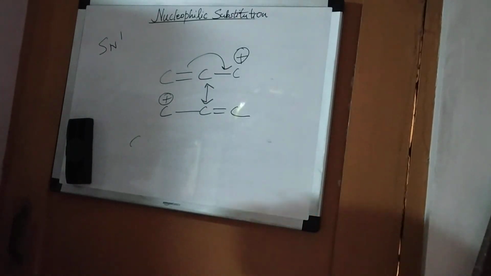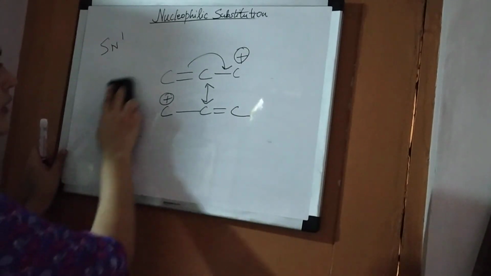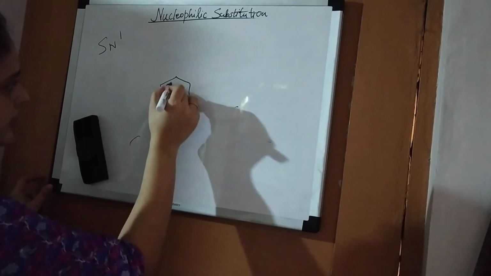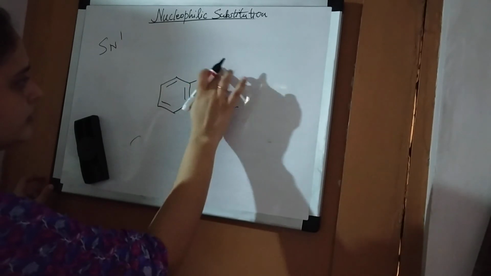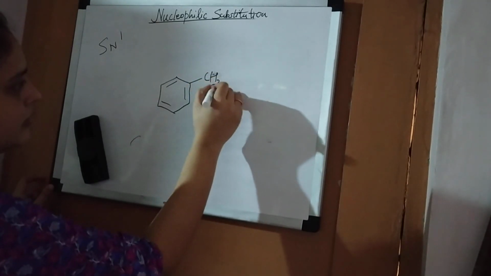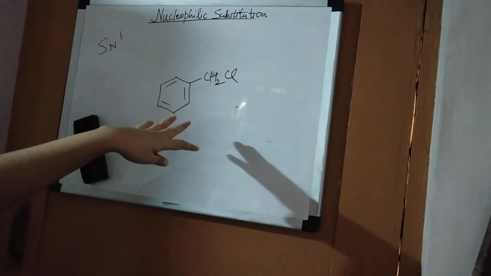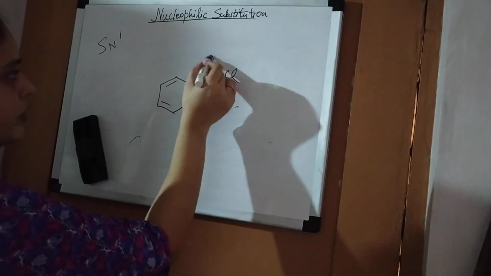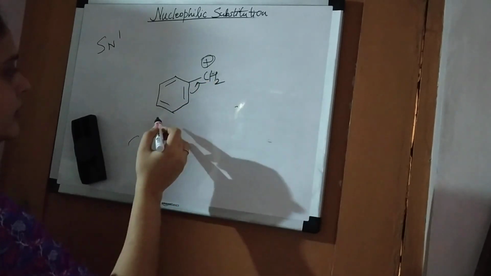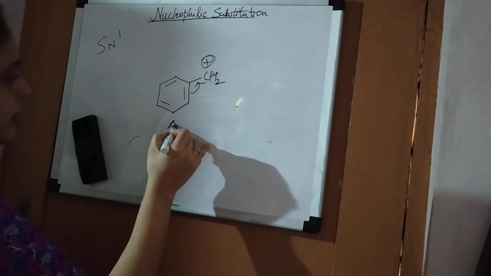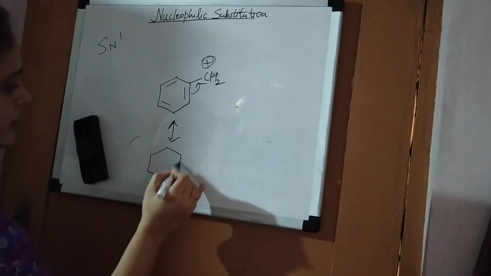Also in the case of benzyl halide, the carbocation is stabilized through resonance. For example, this is the benzyl halide. So what happens when it forms the carbocation? It is stabilized through resonance. This will go here and you will get this.